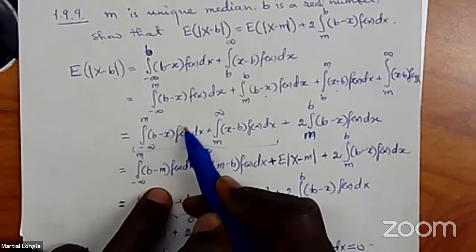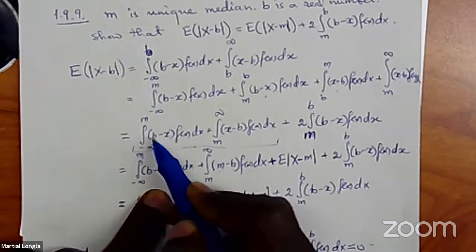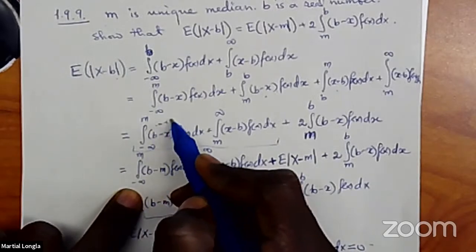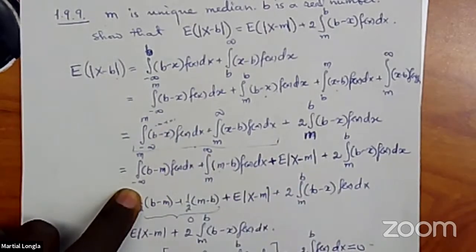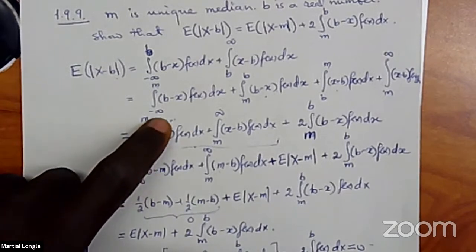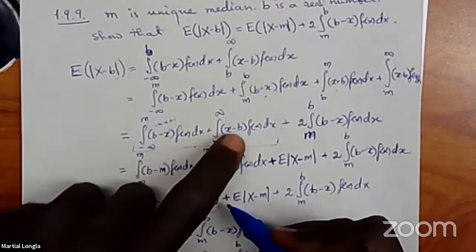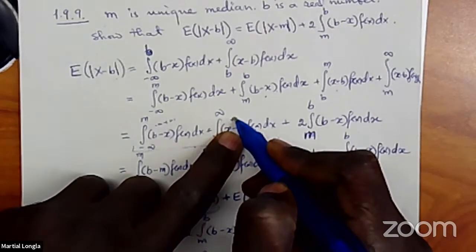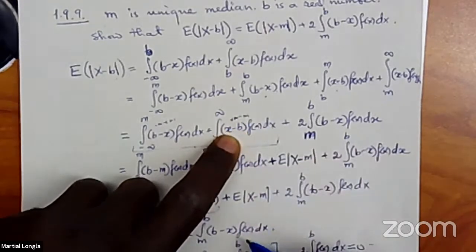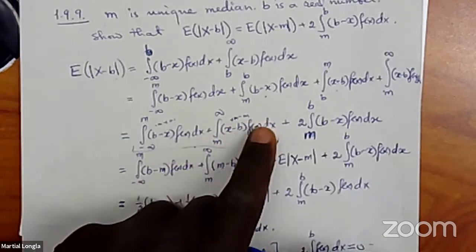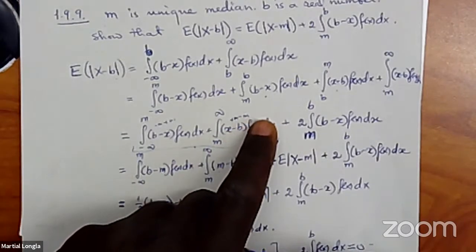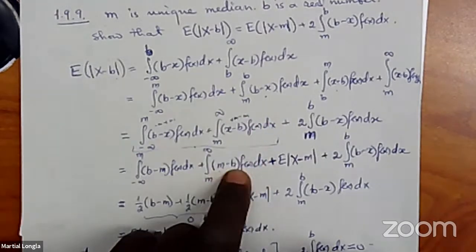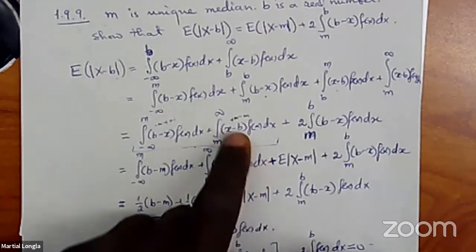So I'm going to have b minus m here when I plug in m, so minus m plus m. I'm going to have b minus m. That's this piece. In here, I'm going to do plus m minus m, and so you will stay with m minus b, and then x minus m.